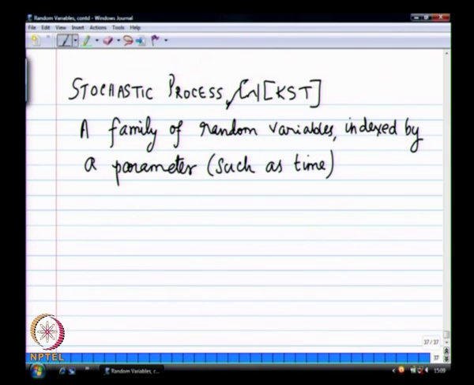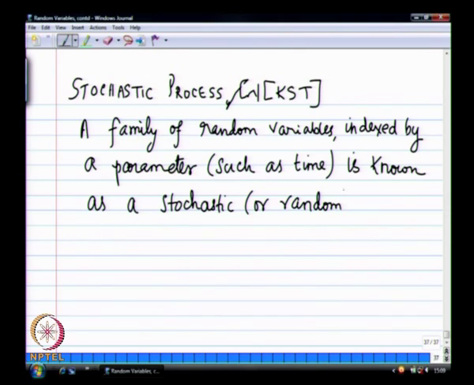Okay. So from variable we progress to process. So a series of these variables indexed by some time.